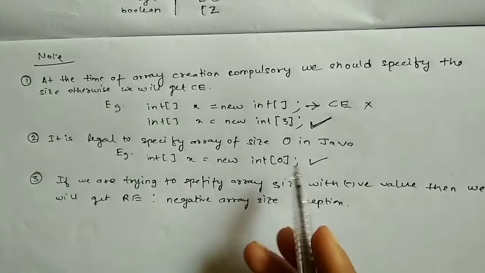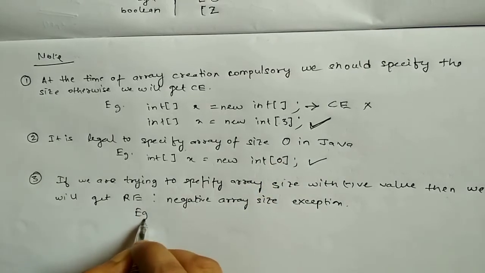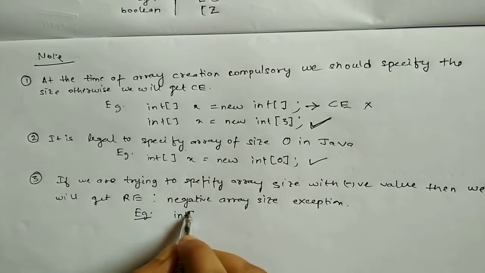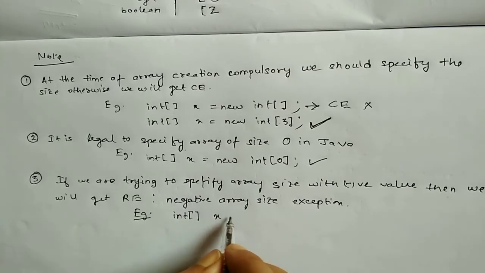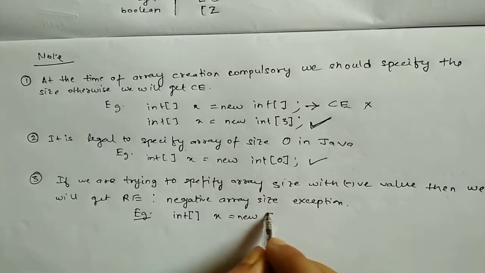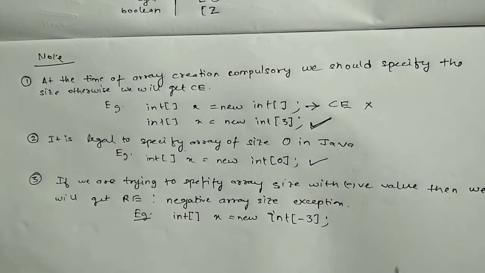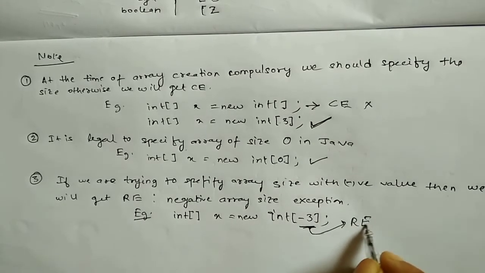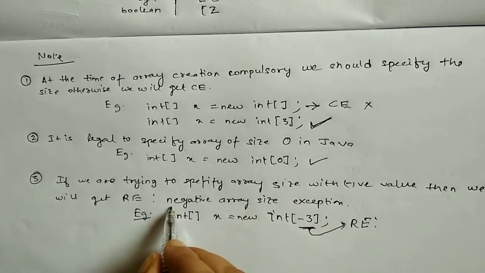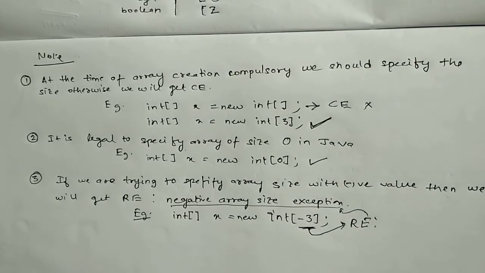What does this mean? We can define any size, and we can define 0. Let's take an example that will clarify it more. Suppose we take an integer variable x and create a new int array. If we take a negative value, it will create a runtime exception, the negative array size exception.